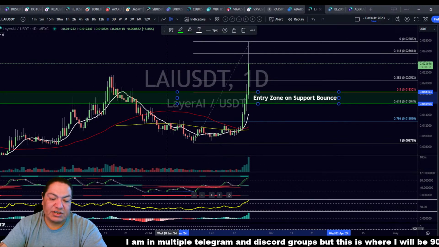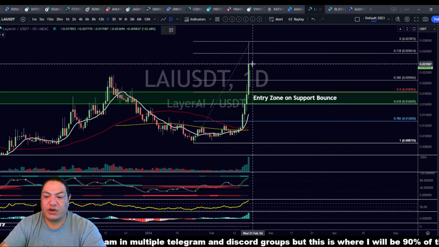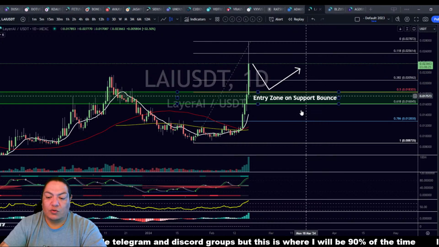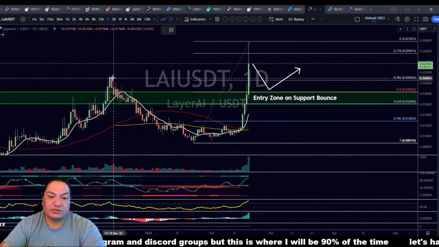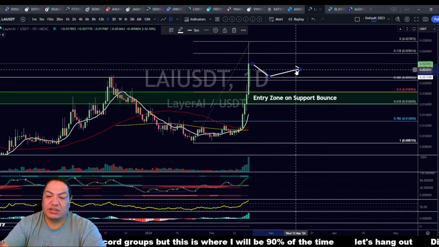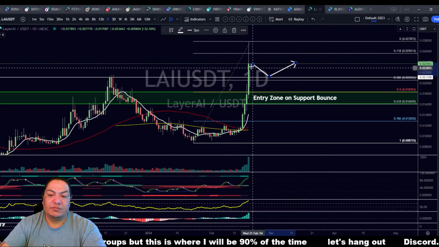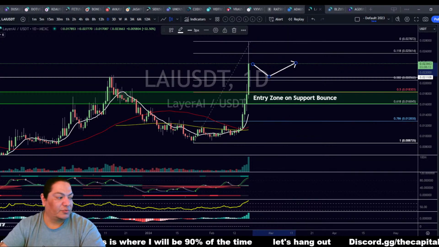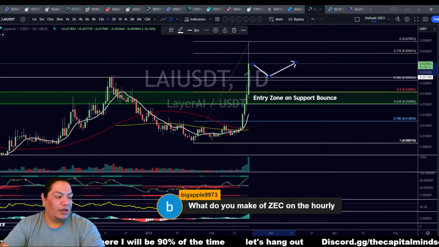Now, does it happen all the time? No, but when it does, it's great. We might get a support bounce here, or we may get a support bounce right here. So the thing is, always treat each level for its level, and just be patient. Be patient, set alerts, and then just wait for your alerts to go off. That's super, super important.